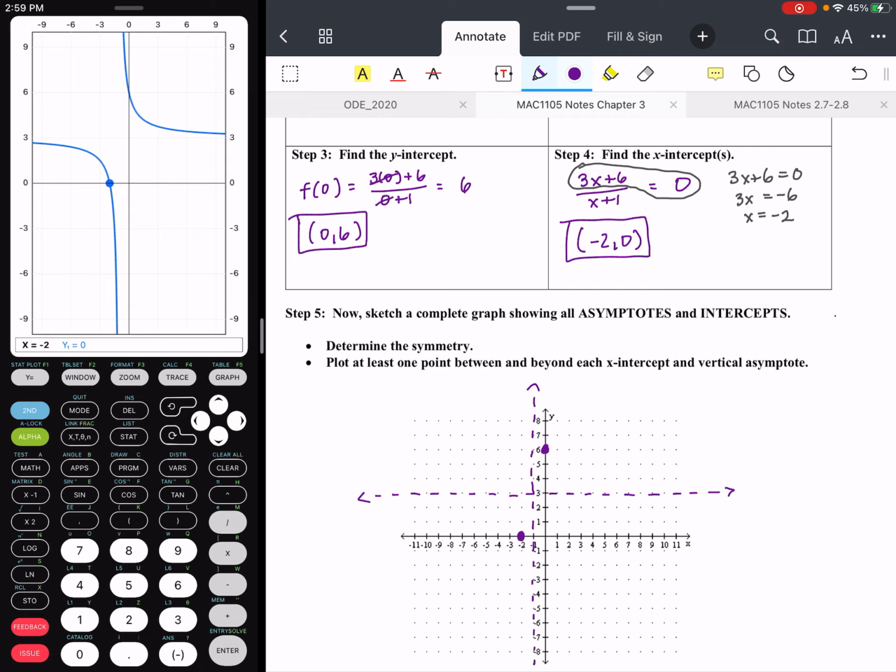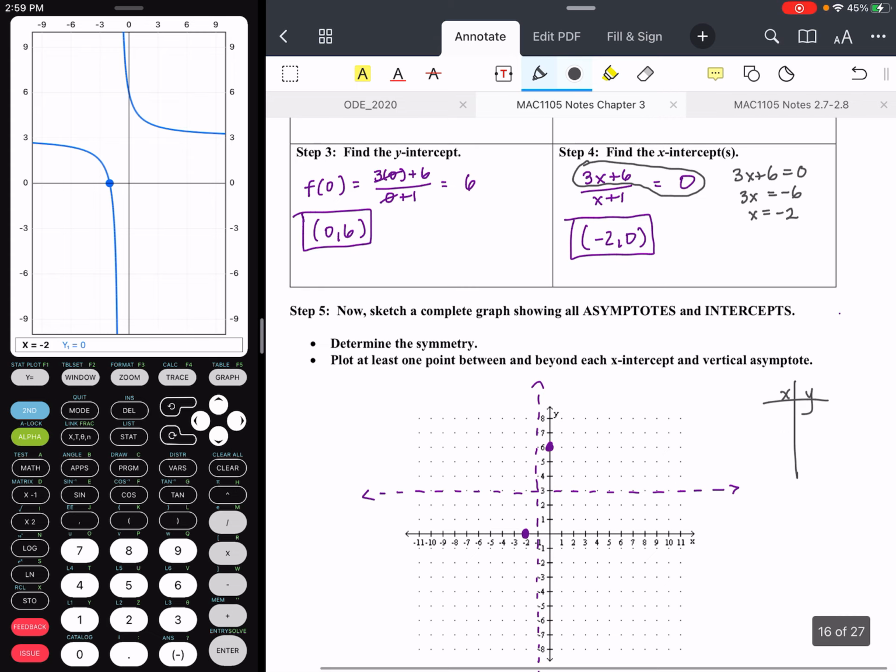I do want to fill this in a bit more, and I can see that, I'll erase this in just a moment, but there's no activity on my graph down here. There's no activity on my graph up here. So I'm just filling in the top right and the bottom left. So I might want to crank out a few additional points just to complete my graph a little bit more. Let me create a little XY table here. Out on the left, I might do just a couple to fill in, -6, -3.